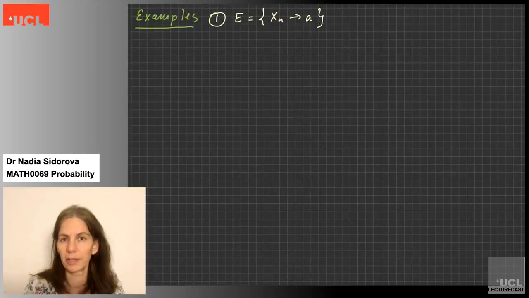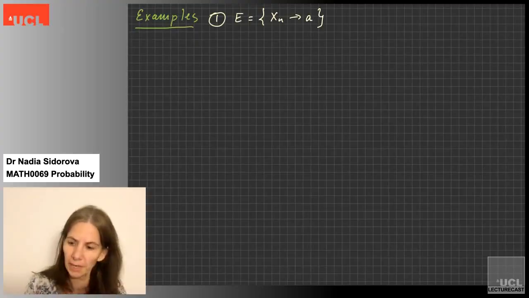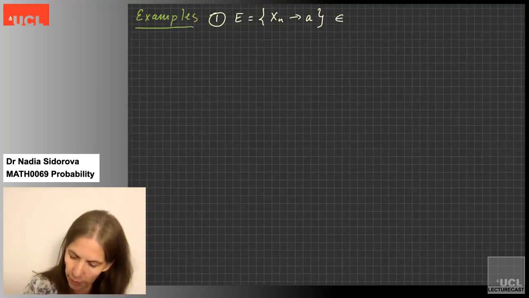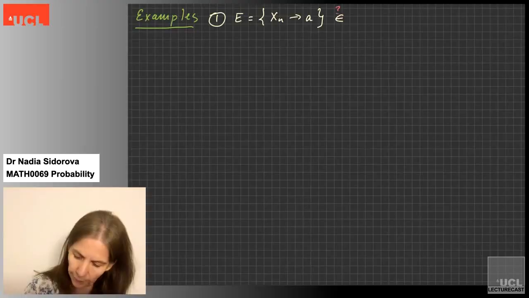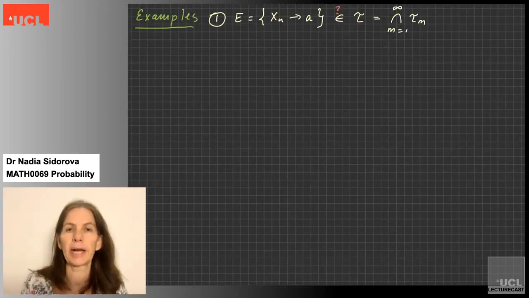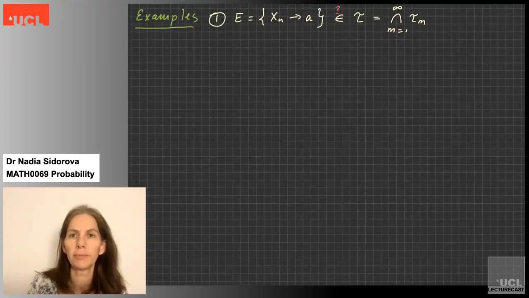So intuitively, I think we all agree that it is a tail event, but what would the formal proof look like? So we want to prove that it belongs to tau, and remember that tau is the union over all m of tau m. So this means I need to show that E belongs to each of tau m.